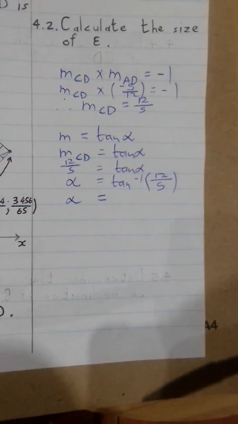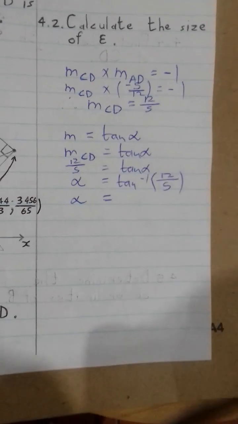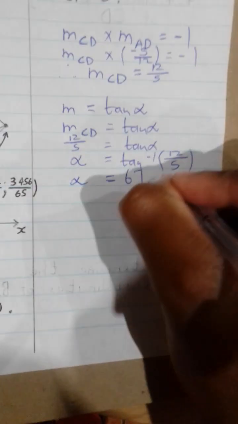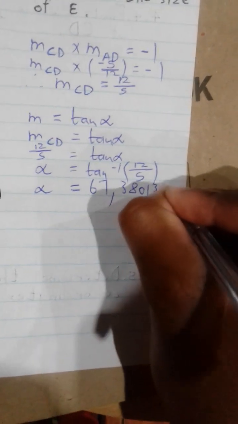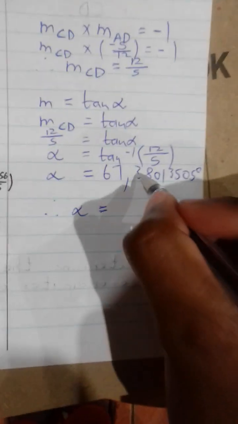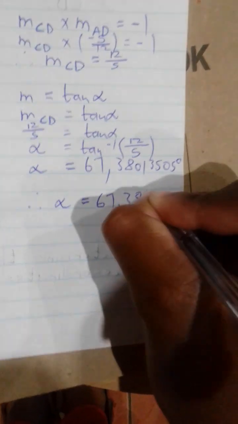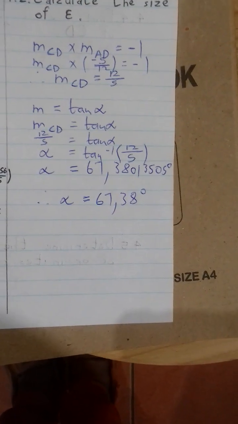Alpha is 67,3801 3505 degrees. To 2 decimal places, 0 is insignificant, so 67,38 degrees. Okay, hope that is clear and I hope that makes sense.